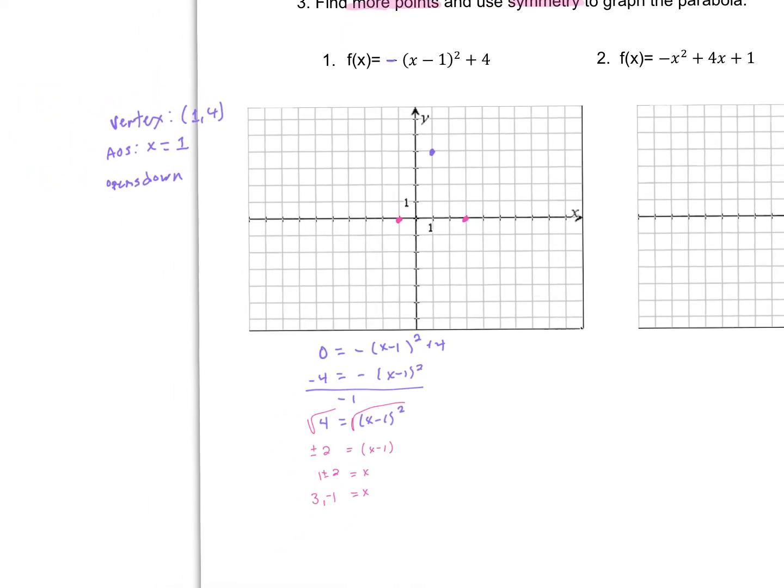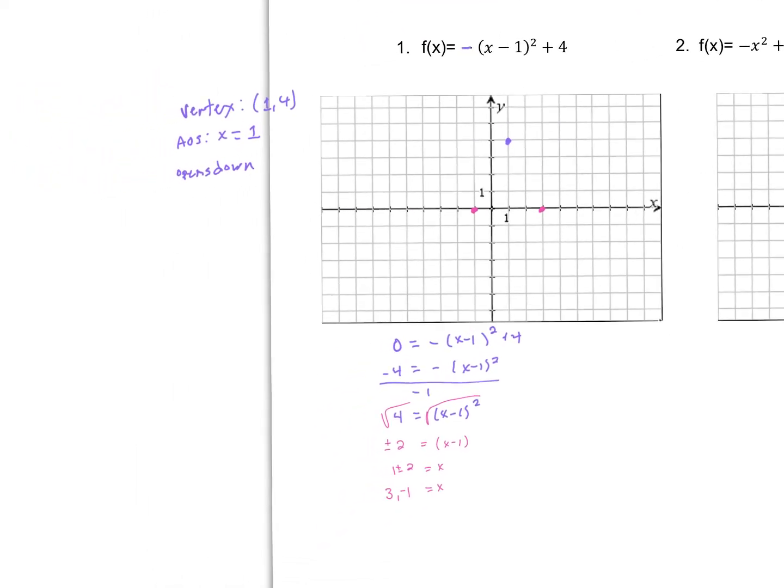We also, if we plug in x equals 0, then we get the opposite of negative 1 squared plus 4. So we square negative 1, we get 1, and then that still makes it negative with that negative sign out front. So we get 4 minus 1 is 3.